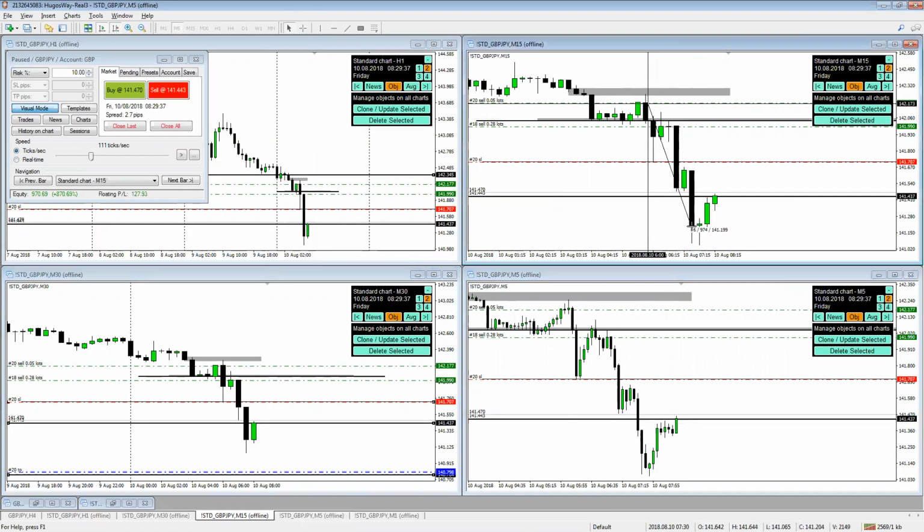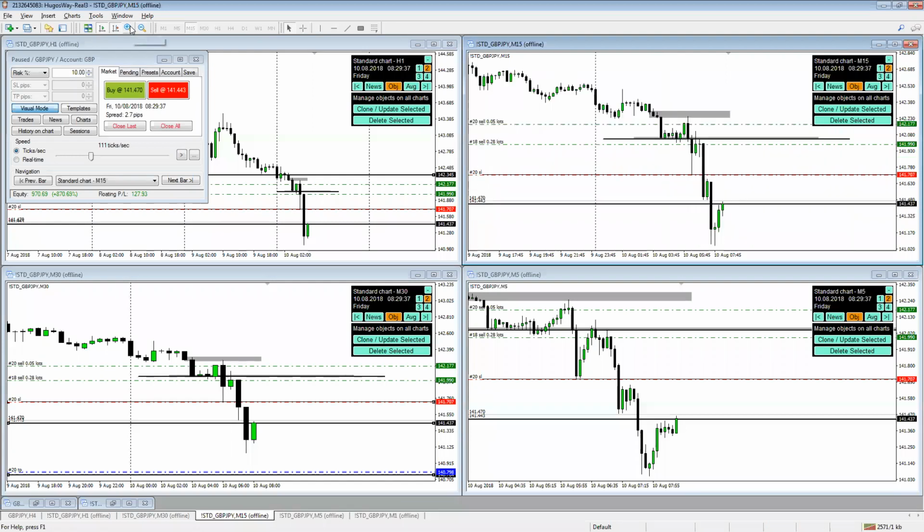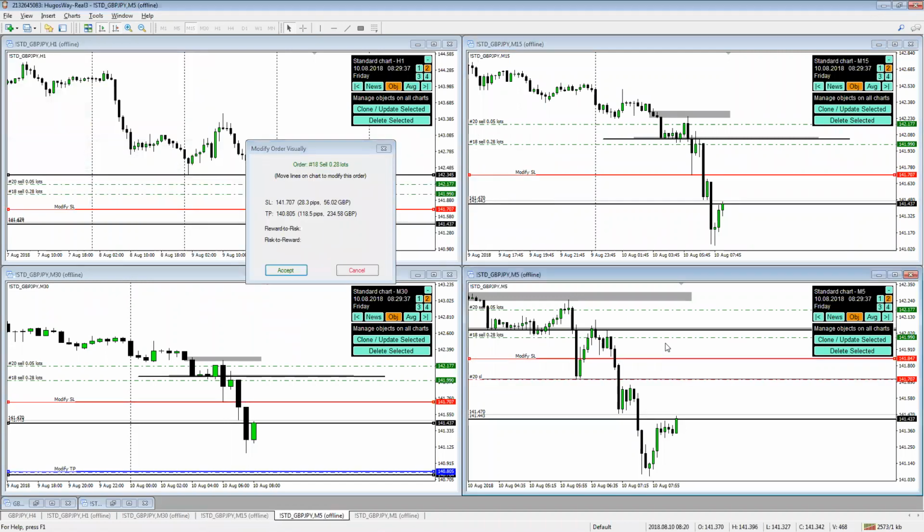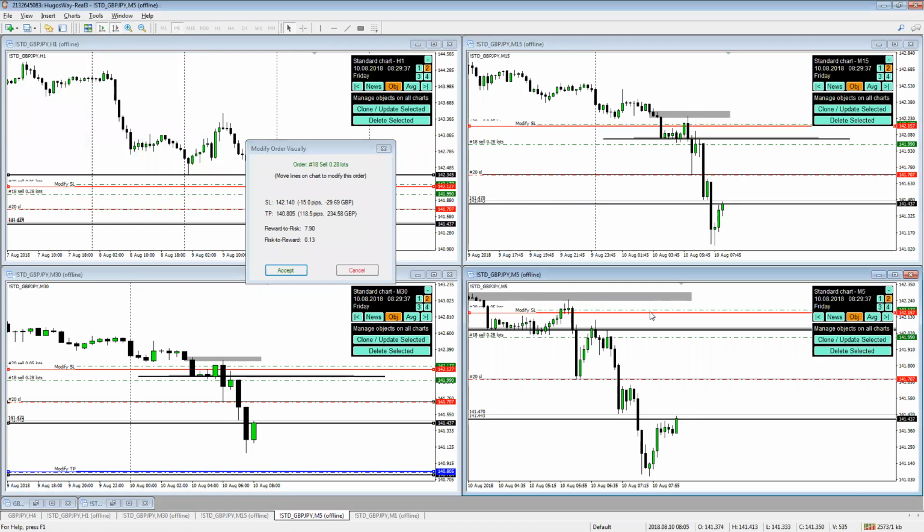I think it dropped almost 100 pips, so it has to retrace some before it drops more. Maybe close the trade, man. I'm going to set the first one here.